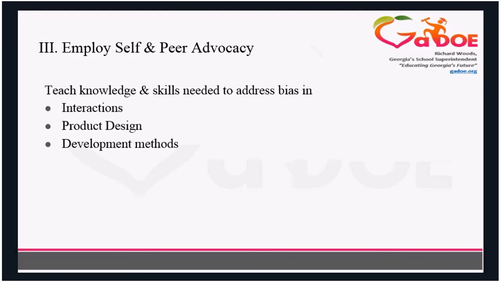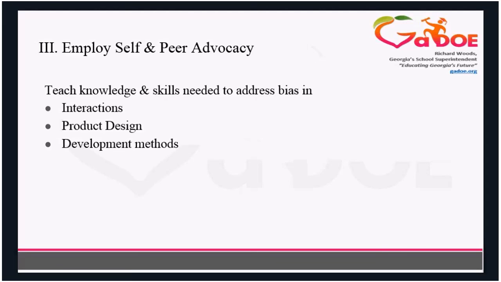It's very easy for us as teachers, because we have so many things going on in the classroom, to even unintentionally shut that kind of communication down because we're trying to get something done. But what I would encourage you to do is to really try to pick up on that.